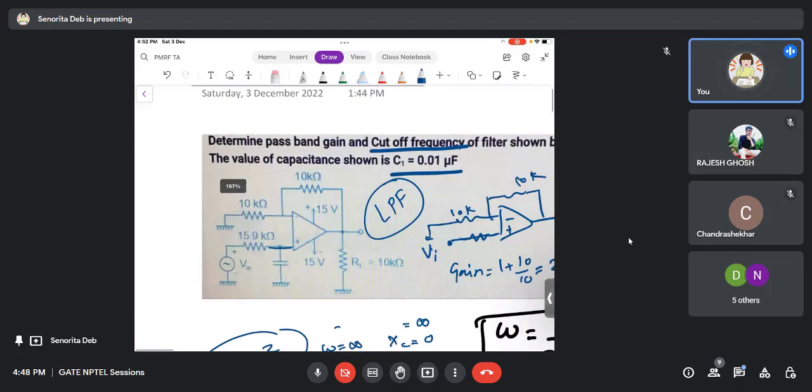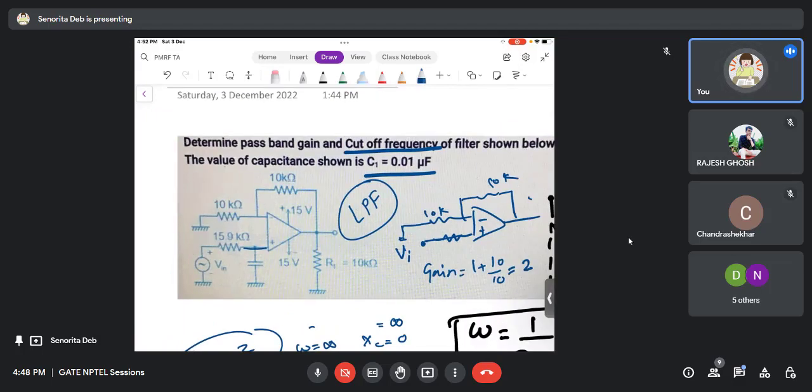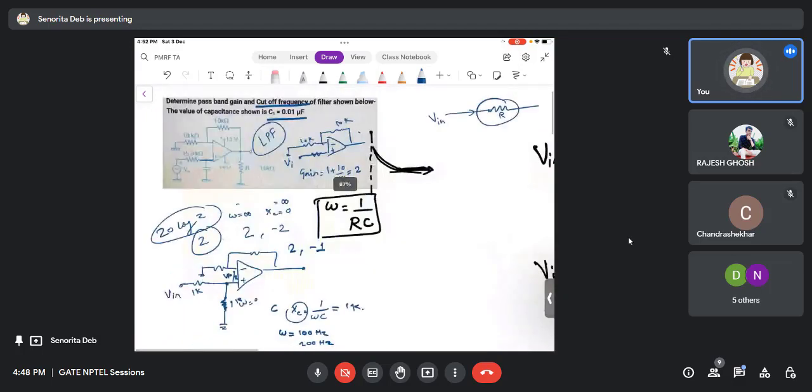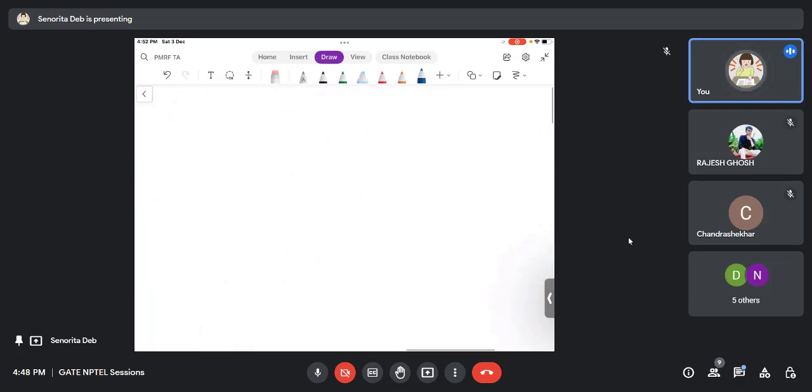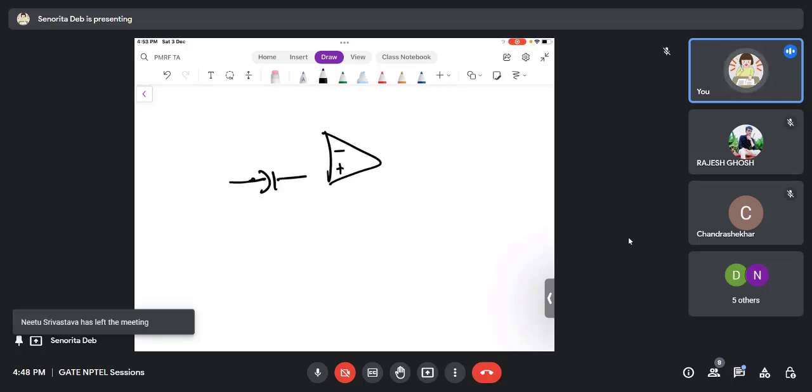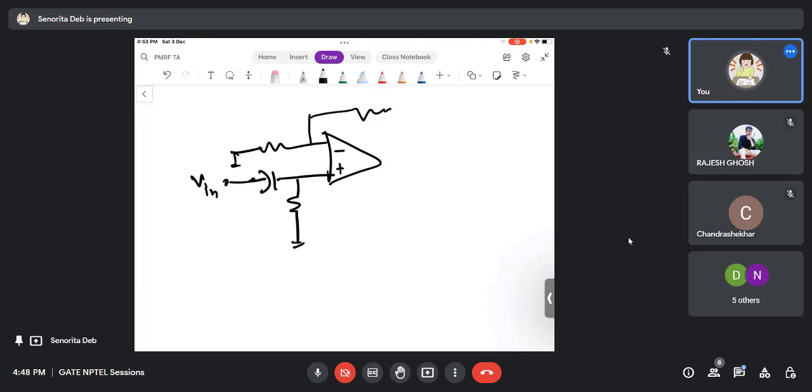Basically when I was telling you the DC concept, it's a good point actually. You got a very good confusion. So if it is a high pass filter, as I was mentioning, Chandrasekhar, this is Vin, and if this is like this, now at omega equals infinity, what will happen?